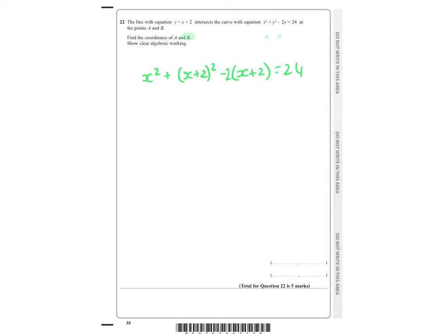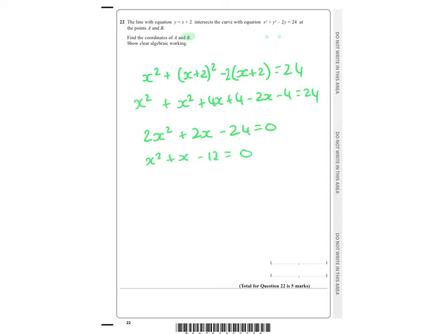Simplifying, I get x squared plus 4x plus 4 minus 2x minus 4 equals 24, which gives 2x squared plus 2x minus 24 equals 0. Because they're all a factor of 2, I can divide them all by 2: x squared plus x minus 12 equals 0.